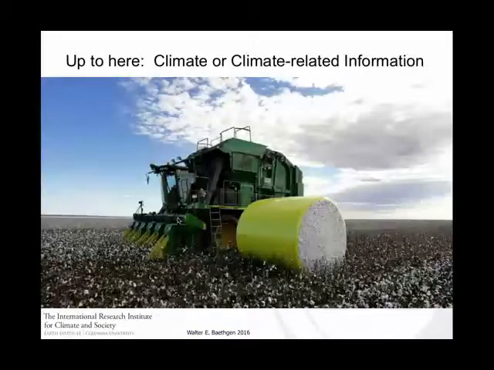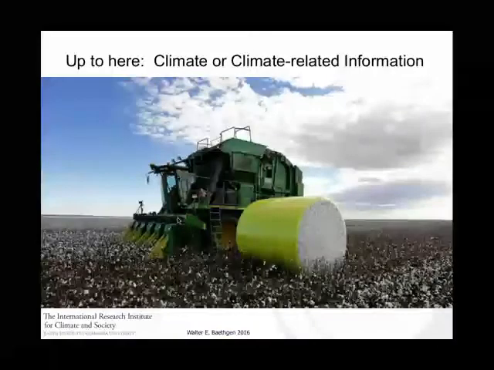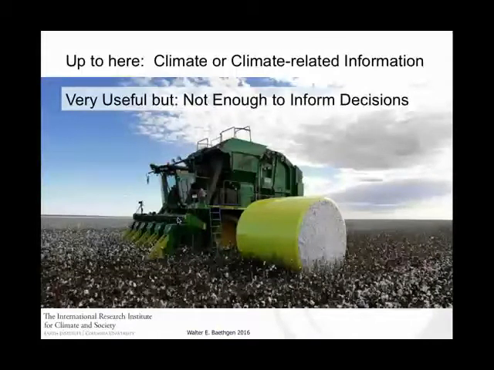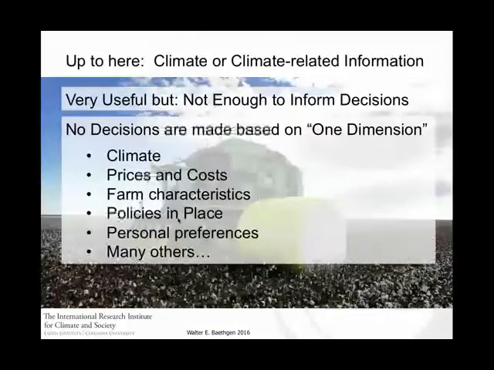Now, up to here, we have been talking about climate or climate-related information. If we want to inform decisions, inform agricultural policy, this is not enough. It's useful, but it's not enough. There's no decision that is made based on one dimension.